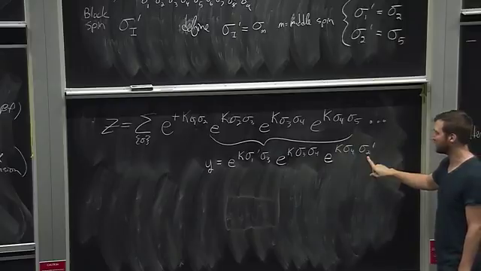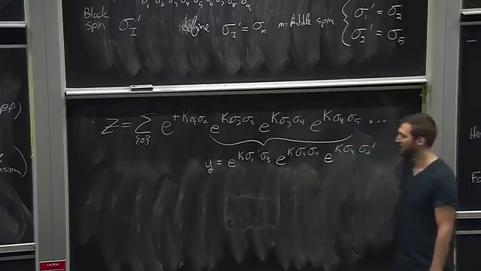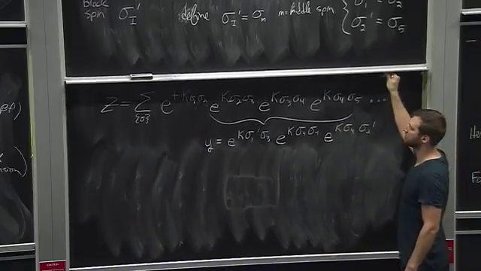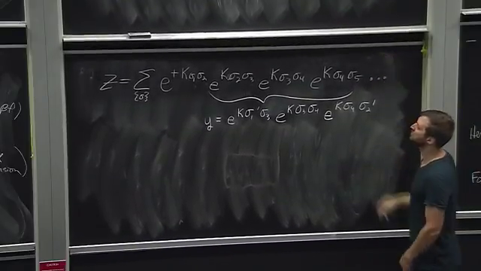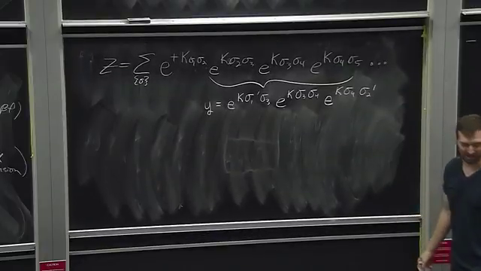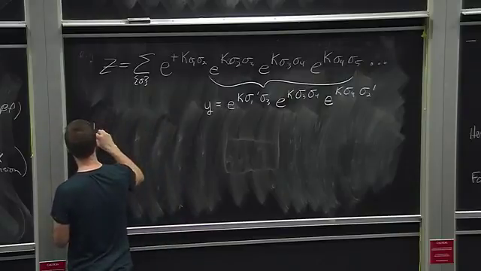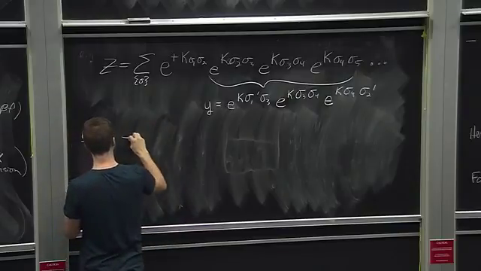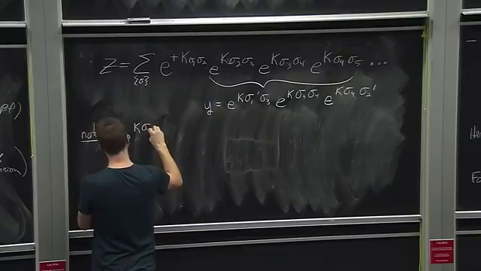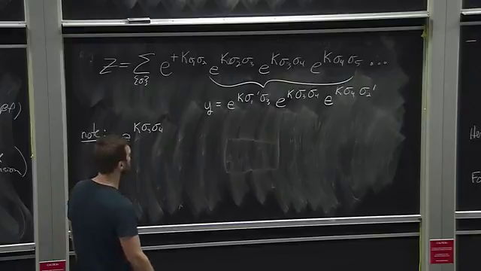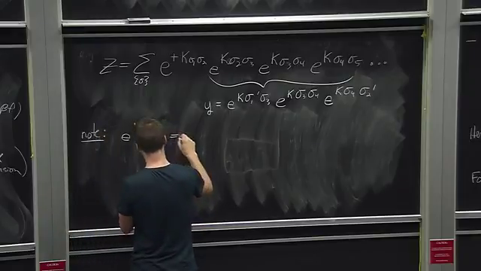So keep track of the block spins. This is a block spin, this is a block spin. I'm just decimating the rest. I'm just going to trace over them. So this is like the easiest thing you can do. I think I haven't shown you this in this class before. I've got that middle term, sigma 3, sigma 4. I'm going to be taking a trace over that.